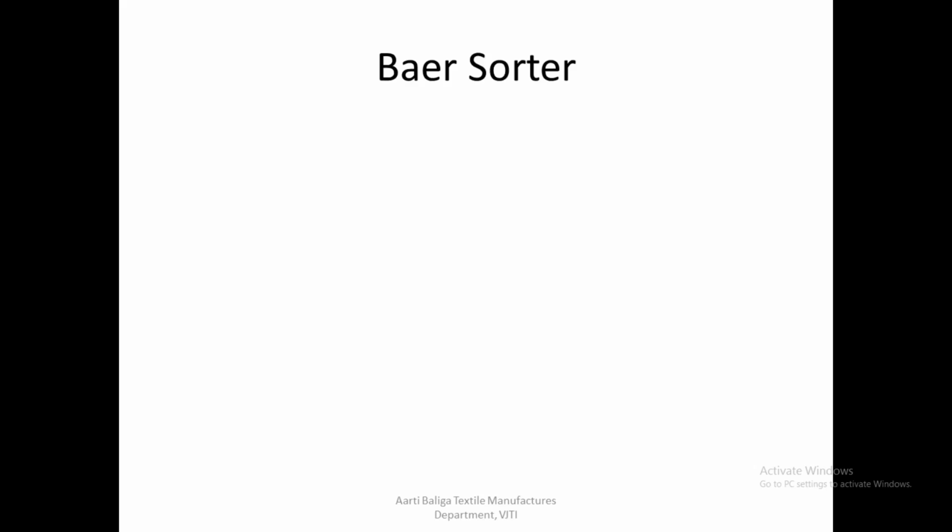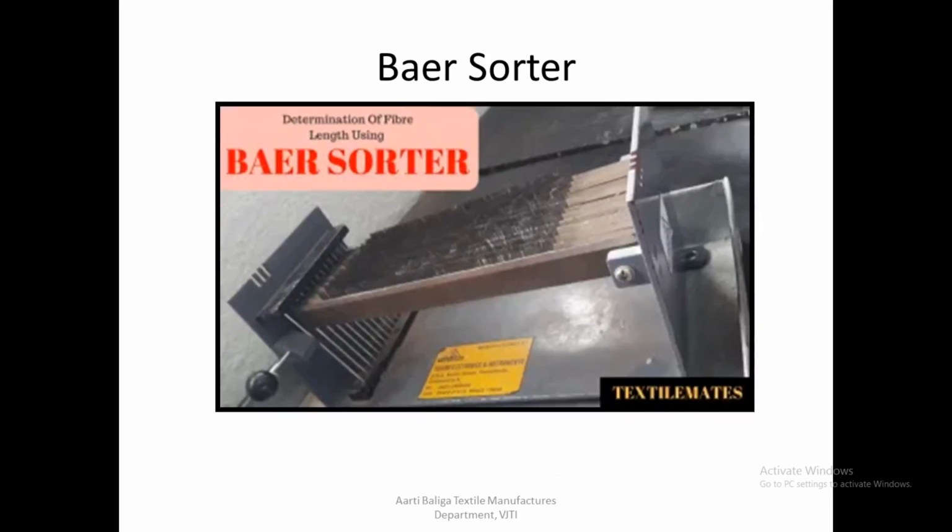So now let us see what is the instrument that is used for making this kind of a graph, or making this Bayer sorter diagram or staple diagram. So this is the instrument. You will probably learn it in the subject of textile physics later on.